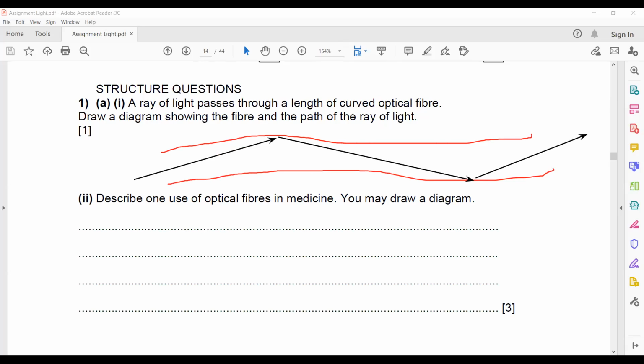Next they are asking, describe one use of optical fibers in medicine. You may draw a diagram. So what can we write? You can mention endoscopy and then explain endoscopy. The points which you will use: we use endoscopy.